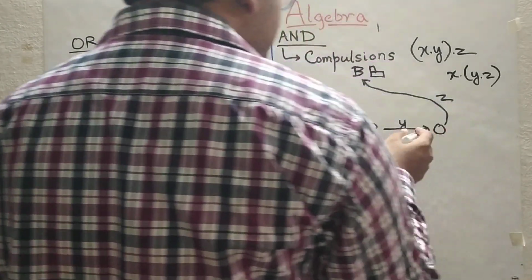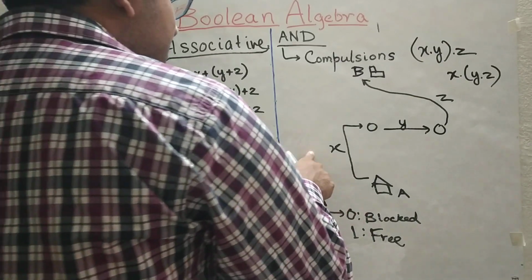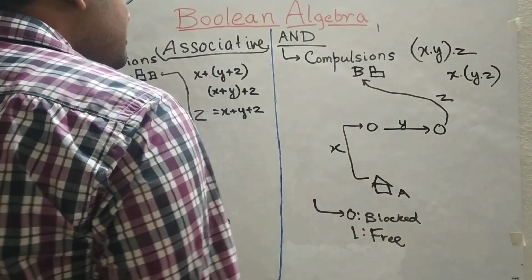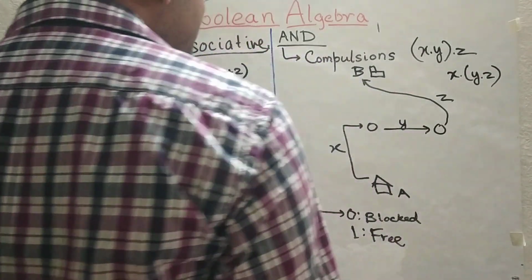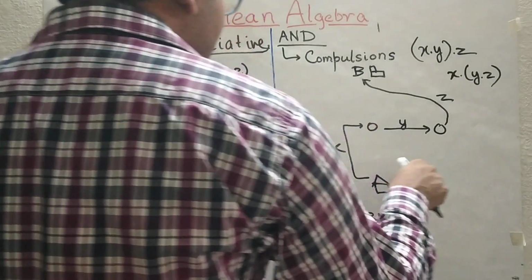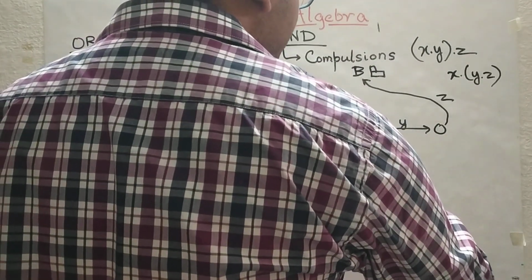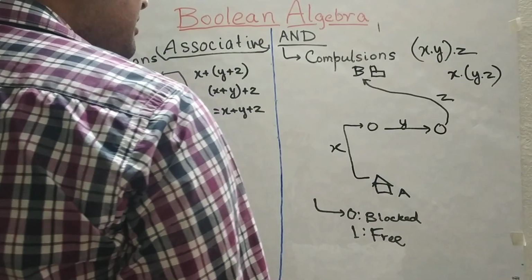If any one of them is blocked, then the road is blocked. If any two of them are blocked, then the road is blocked, you cannot go from A to B. If all of them are blocked, then the road is blocked. Only when all of the roads, X, Y and Z, are free, then the road is free and you can go from A to B.